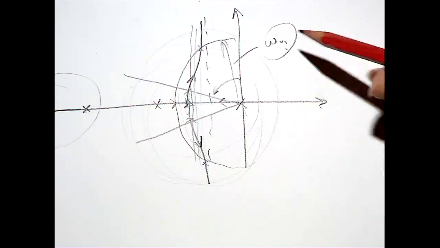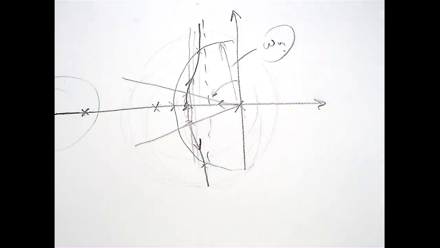Omega n is related to rise time. It's inversely proportional with some constant of proportionality, right? So the larger the omega n, the smaller the rise time. So what does this mean? As we increase gain, we get smaller and smaller rise time.